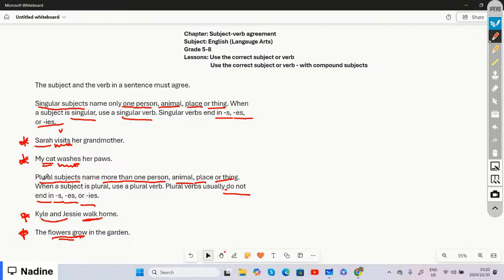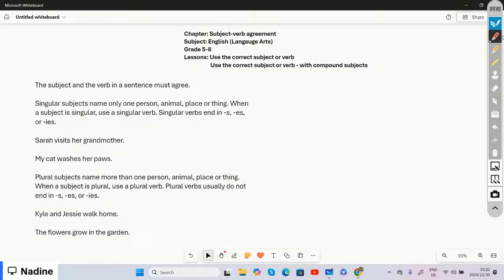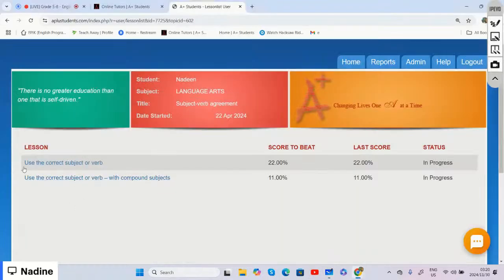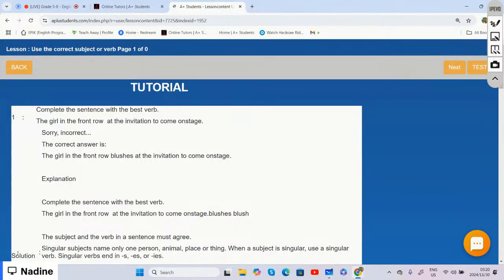All right, so now we're going to aplusstudents.ca. Now on aplusstudents.ca, we're going to use the correct subject or the correct verb.